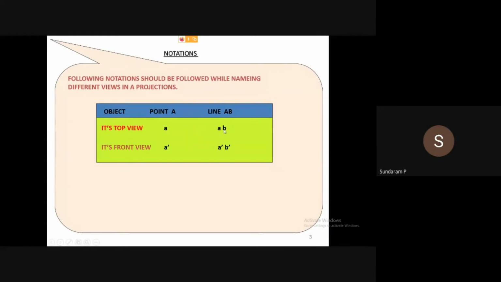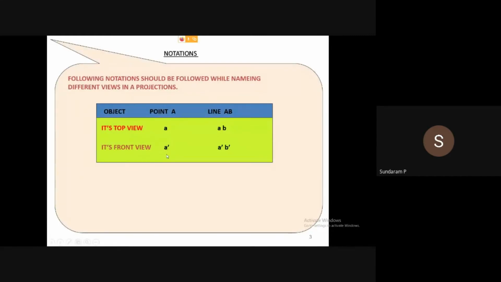Similarly, line A, B or A, B, C, D, whatever it is, we are using the numbers or letters without dash. In front view of the object, we are always using the smaller letters or numbers with dash. Remember that, with dash. Without dash, we are using the top view. With dash, we are representing the front view.